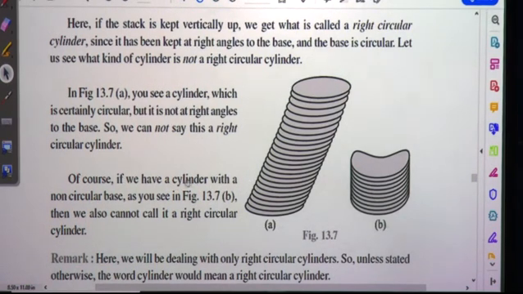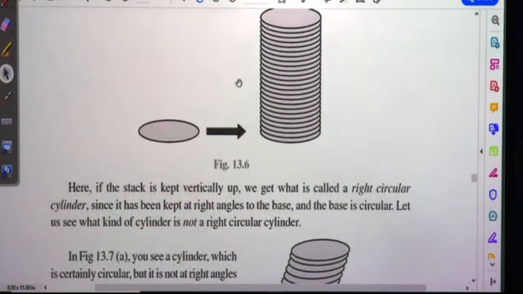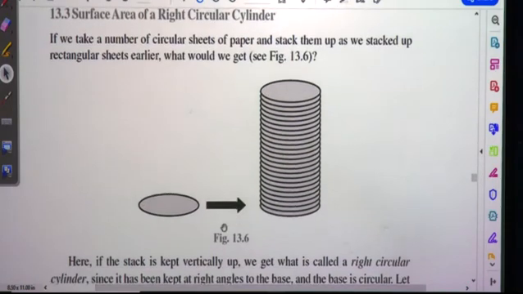Of course, if we have a cylinder with non-circular base, as you see in figure 13.7b, then we also cannot call it a right circular cylinder. Means whatever the figures given in 13.7a and 13.7b, these are not right circular cylinders. A right circular cylinder is present in figure 13.6.